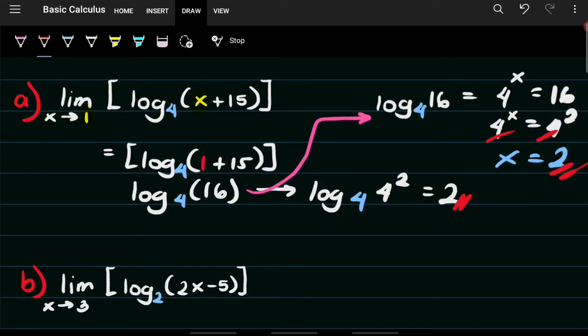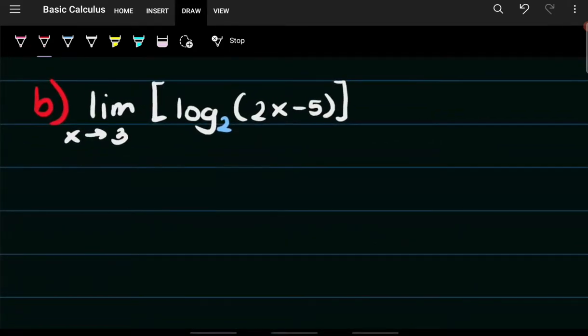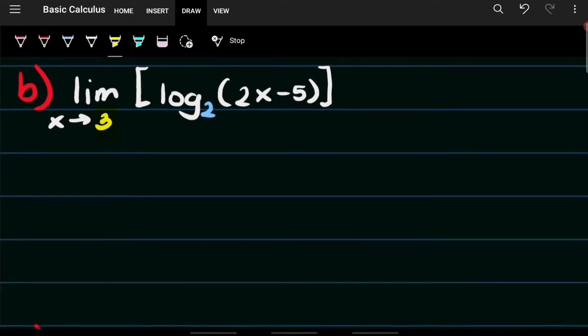Next, example letter B. How about limit of logarithm of 2x minus 5 base 2 as x approaches positive 3. So, guys, i-pause natin ang video and then please try to answer example letter B. Alright, so let's double check your answers. This is our variable x, so let's apply direct substitution.